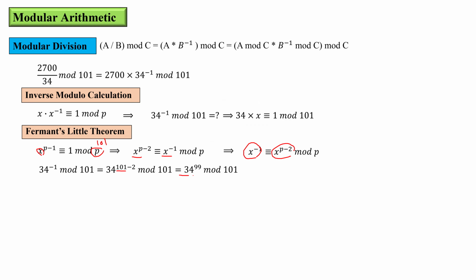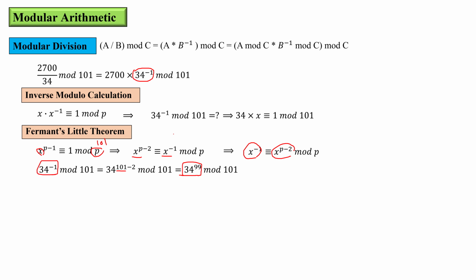This means you need to compute 34 to the power of 99. If you compute 34 to the power of 99, it equals the inverse of 34, the value that we are seeking to compute this division here.